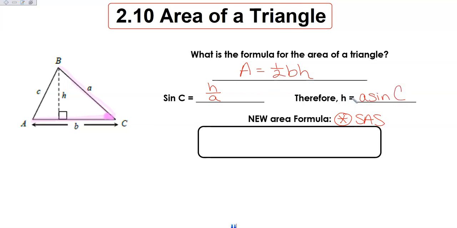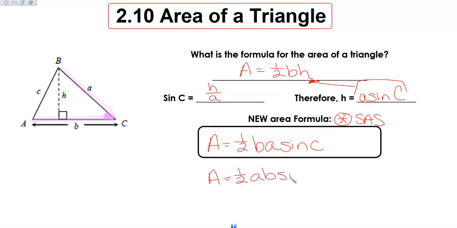If I take this information right here and I plug it in for H in my area of a triangle formula, the area formula that we're now going to look at is 1/2 my base times my height, which is A sine C. We are typically going to write this as 1/2 AB sine C and put it in alpha order.